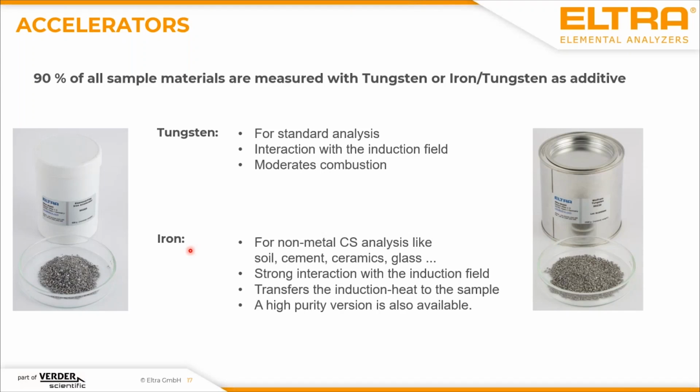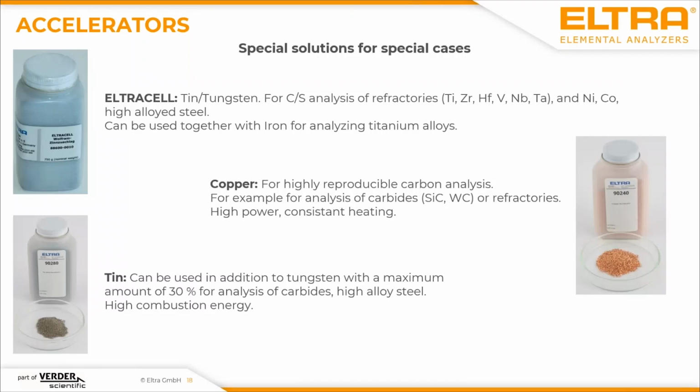Then you put iron to it. So you mix your sample with iron, the iron melts, the iron burns in combination with the induction field. And this energy, again, is enough to melt your sample so that it will burn too afterwards. So tungsten and iron are the most common metals which we use as accelerators.